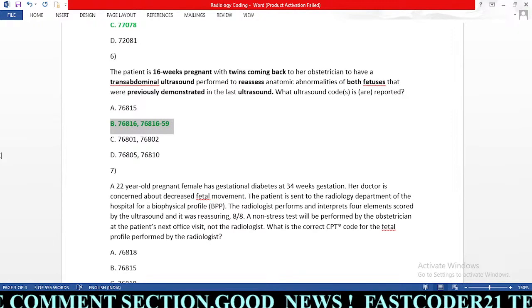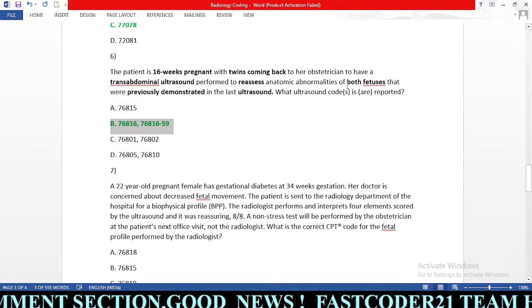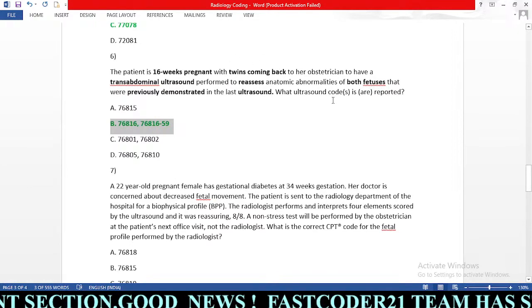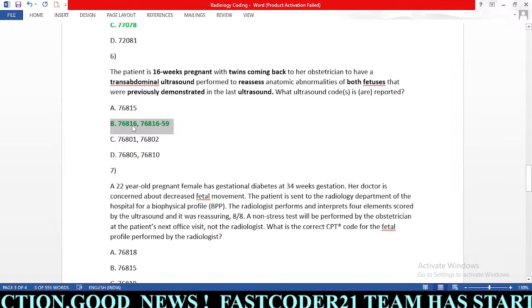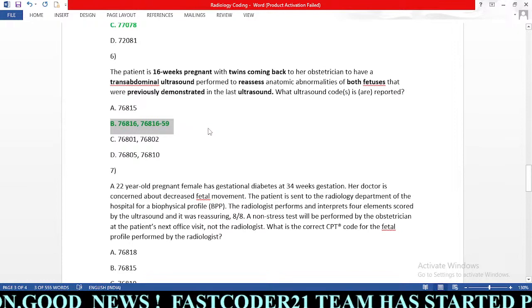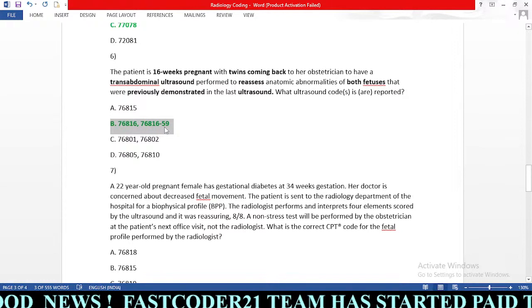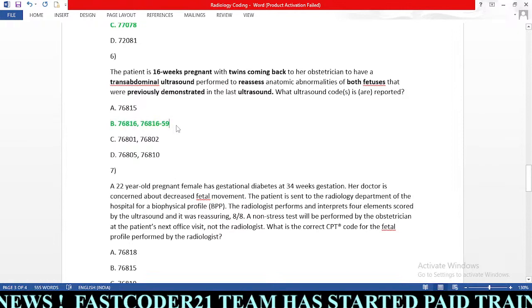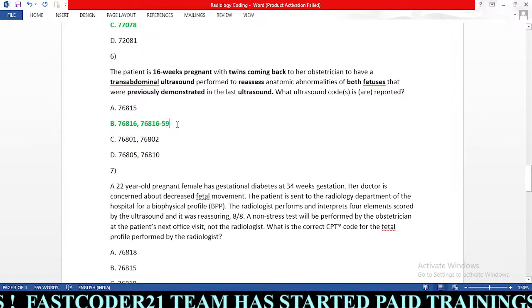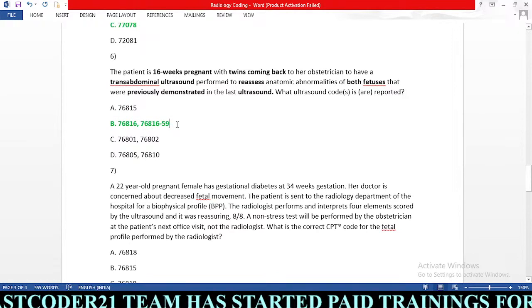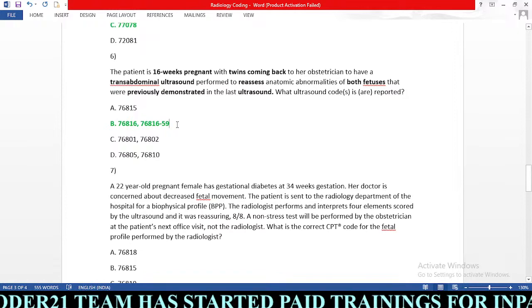So as all of us know, we have both fetuses, means two fetuses. So for one fetus we will code 76816, and for one more fetus we need to code 76816 with 59. For example, if we have three fetuses, we will code once again 76816 with 59 modifier.